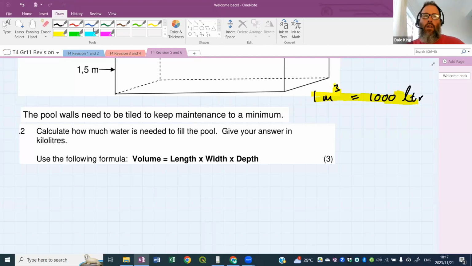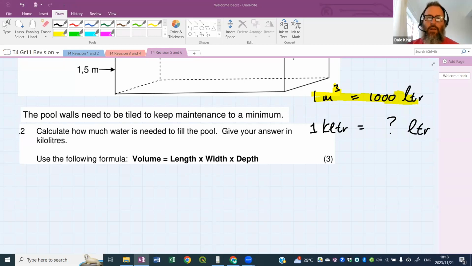Now, how many liters in a kiloliter? 1 kiloliter is how many liters, by the way? Does anyone know? 1 kiloliter is how many liters?